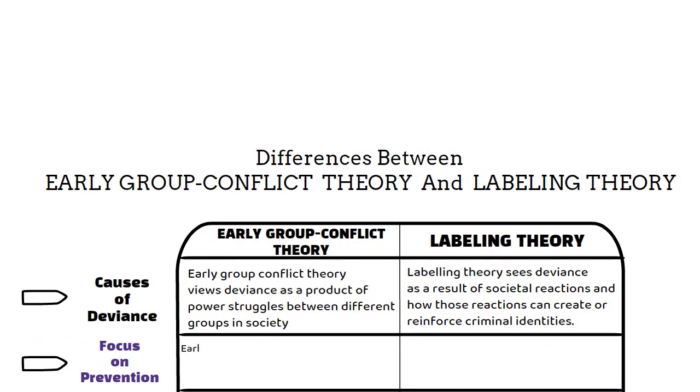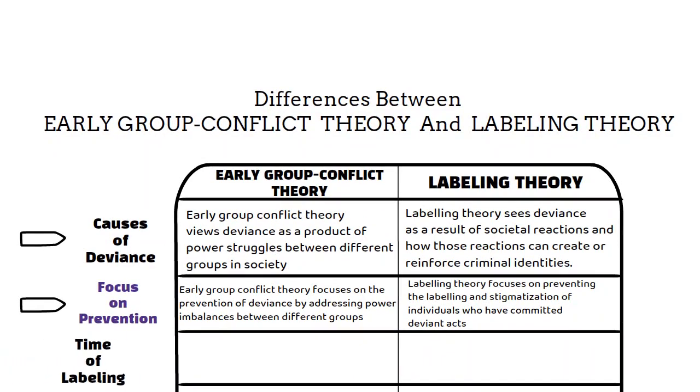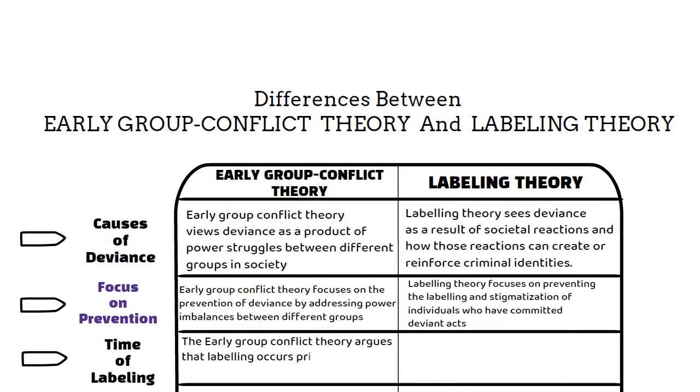For early group conflict theory, it focuses on the prevention of deviance by addressing power imbalances between different groups, while labeling theory focuses on preventing the labeling and stigmatization of individuals who have committed deviant acts. The early group conflict theory argues the labeling occurs prior to the commission of deviant acts, while labeling theory argues the labeling occurs after the commission of deviant acts.